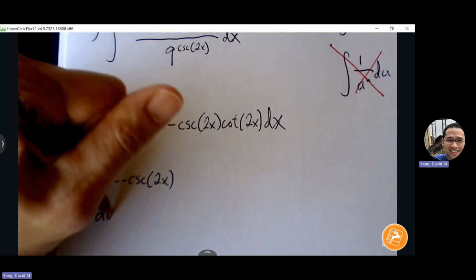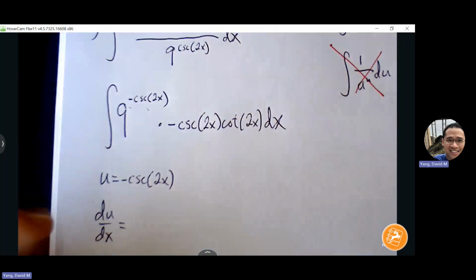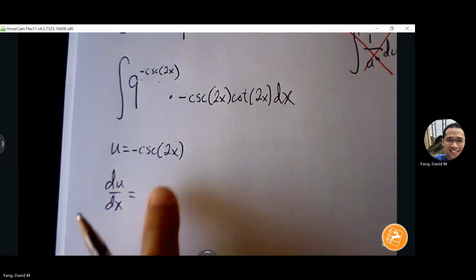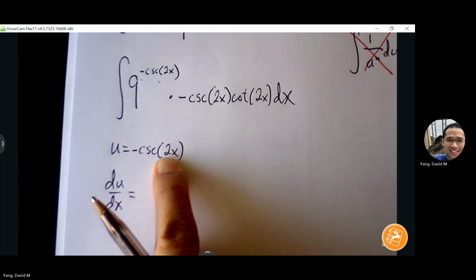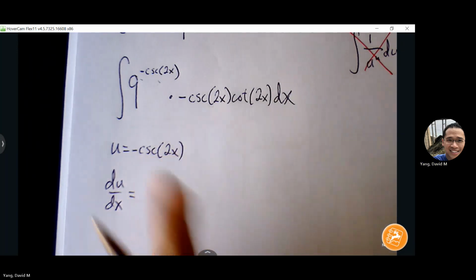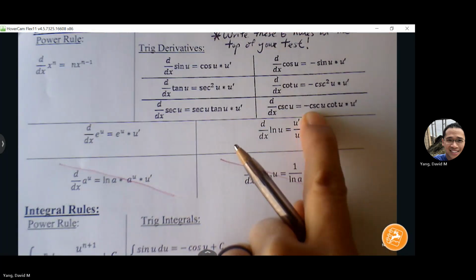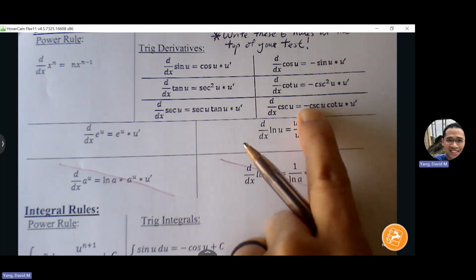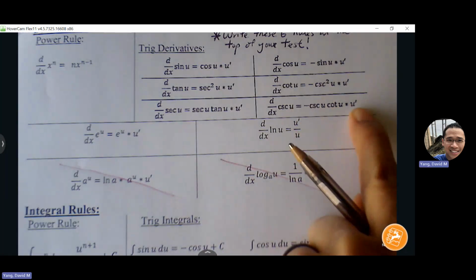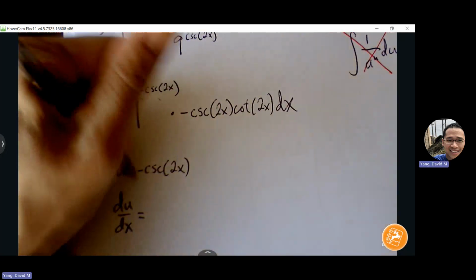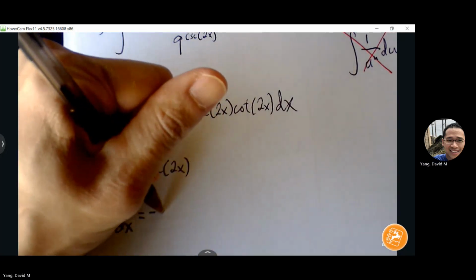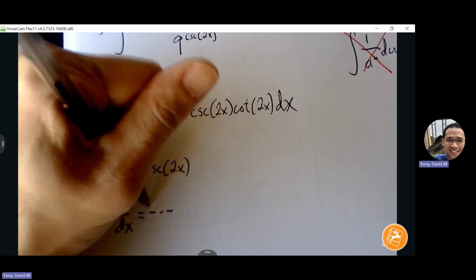Okay, so this is one of our original derivative rules here. What's the rule for cosecant of u? It's already negative, so we need to include another negative, right? Okay, so negative cosecant u, cotangent u times what? Times u prime. There's a chain rule portion there. So two negatives become positive, but I'll show that process there.